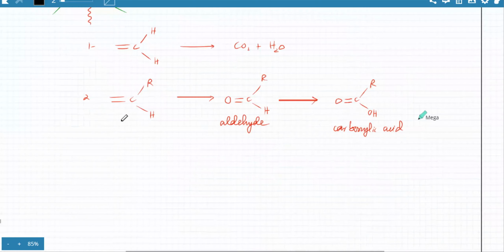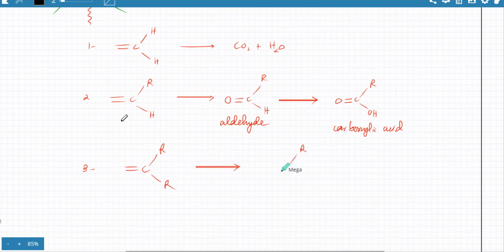And then you have scenario number three, which is that once the carbon breaks off from the double bond, if it's bonded on both sides by R groups, then that thing would change into a ketone.